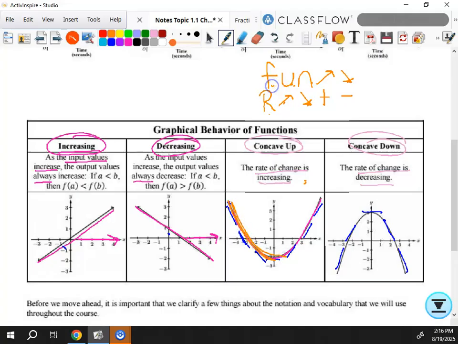Since the function is decreasing, the rate of change is negative. Here, the function is increasing. Since the function is increasing, the rate of change is positive. Okay? Because we don't always have a graph to look at. We sometimes will, what if I said, hey, I am telling you, your rate of change is positive, so what's happening to your function? Well, when the rate of change is positive, my function is increasing. Okay, you see how that works?